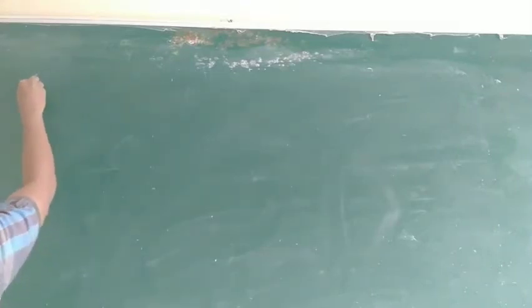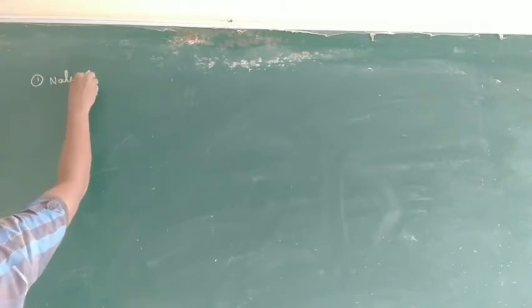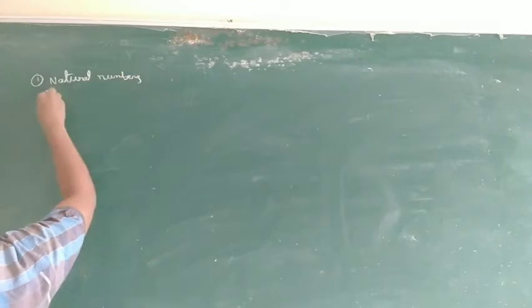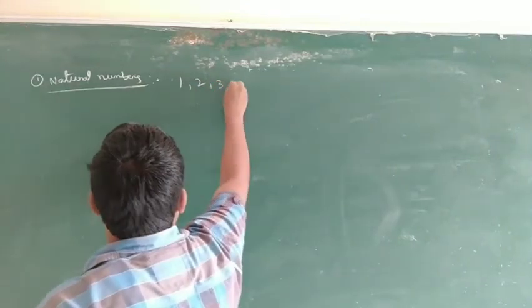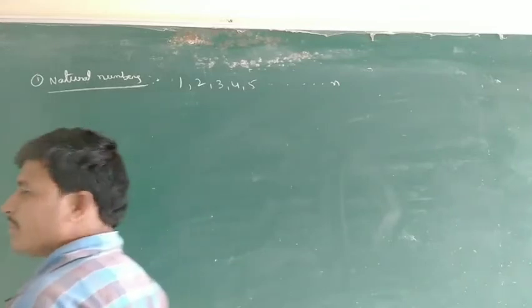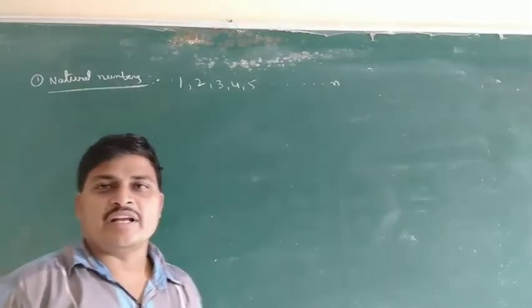Natural numbers, listen carefully. Natural numbers are 1, 2, 3, 4, 5 and so on up to n. All positive numbers are called natural numbers.